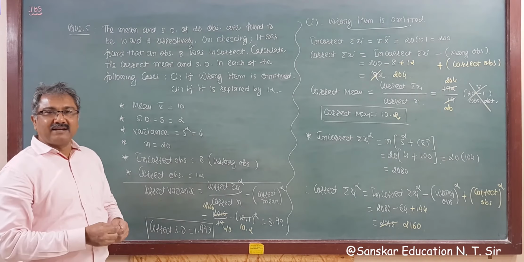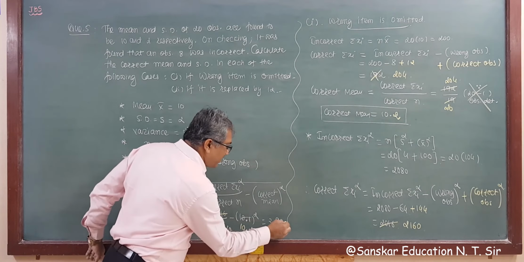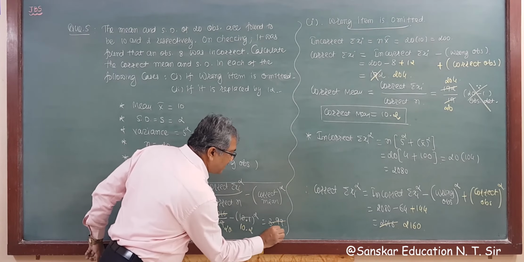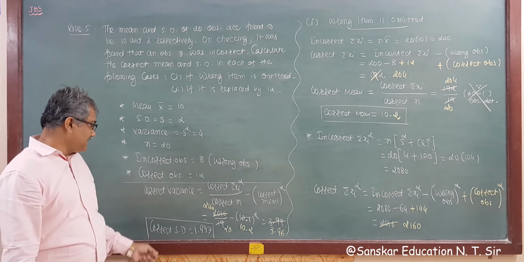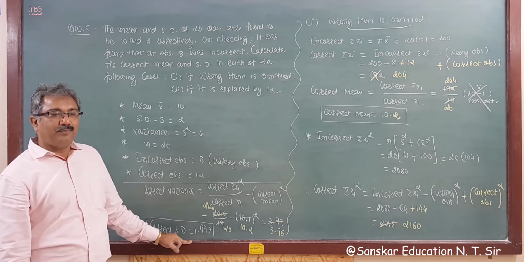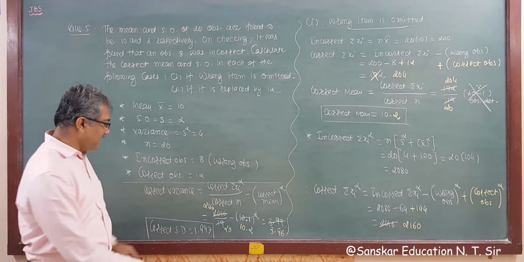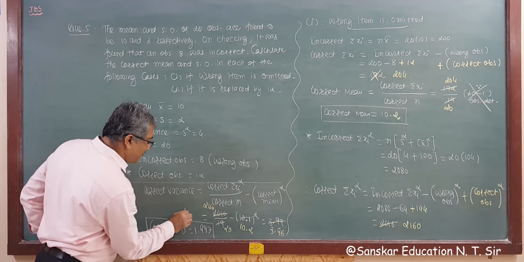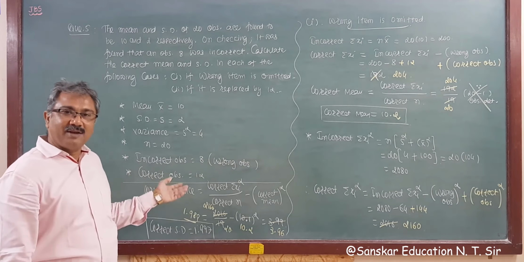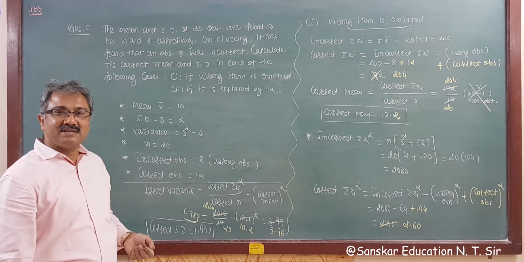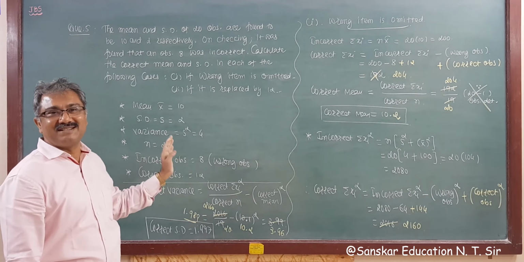So you will get the answer instead of 3.99, 3.96. That is the final answer. So the final answer is 1.989, right?